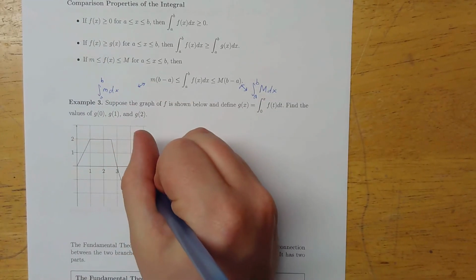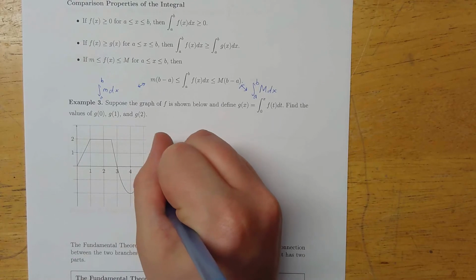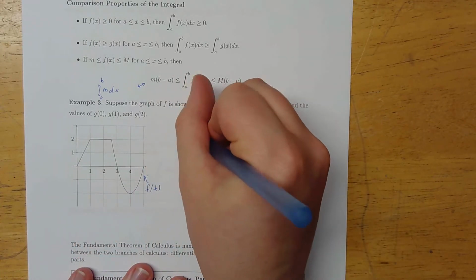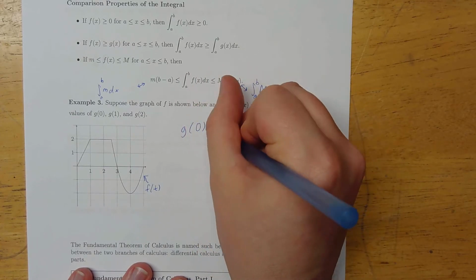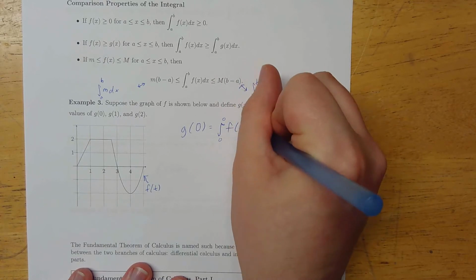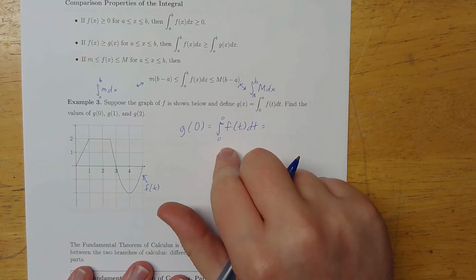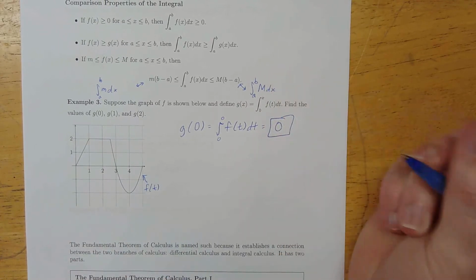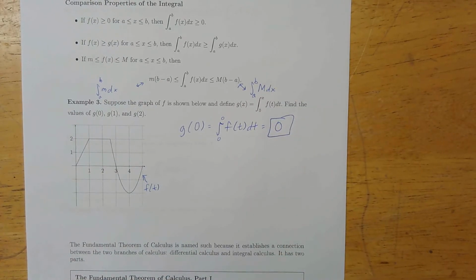So this here will be our f of t. If we want to look at g of 0, this is then saying that we have the integral from 0 to 0 of f of t dt. Now we talked about if you're going from one point to another, this should just be an area of 0 under the curve.